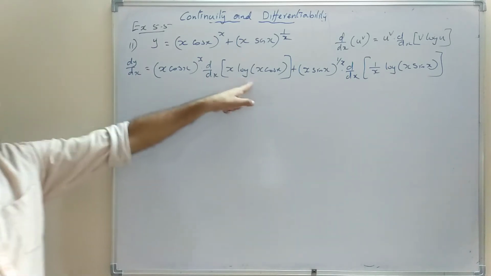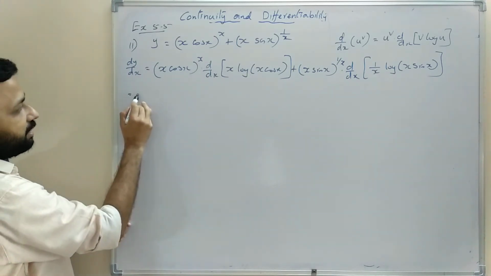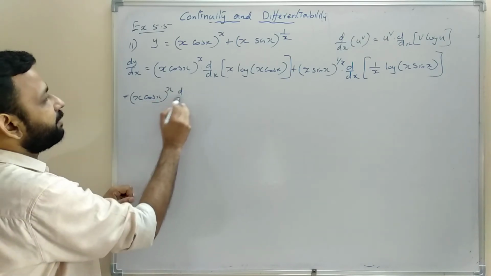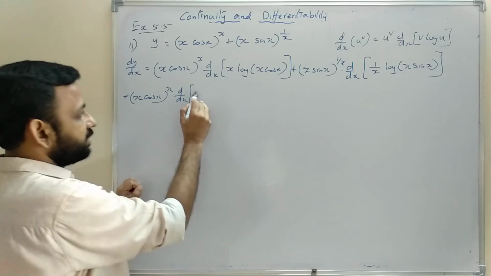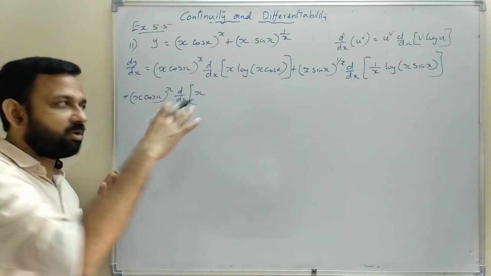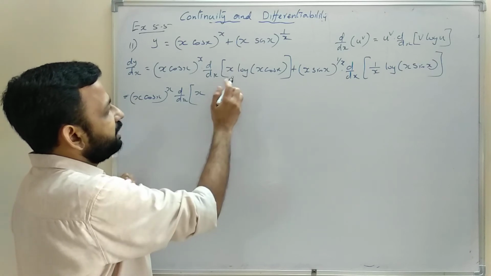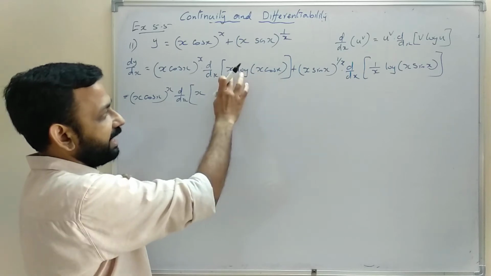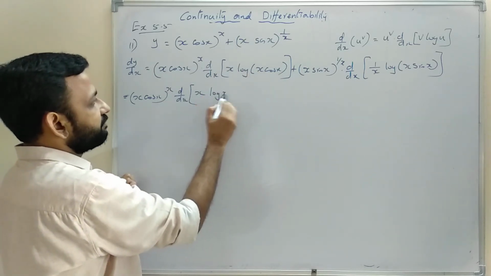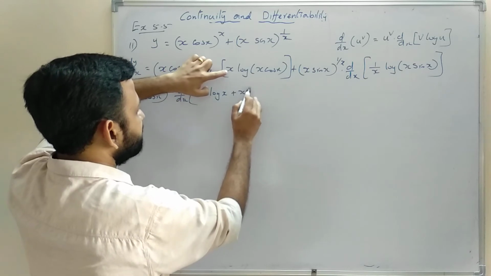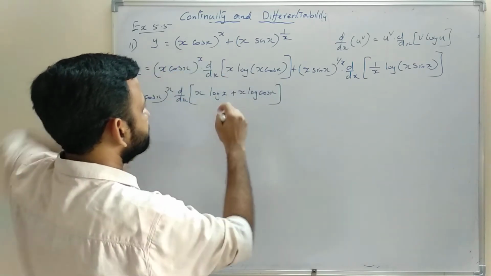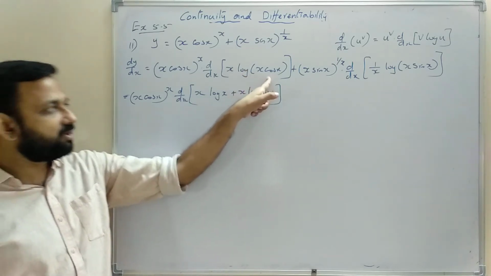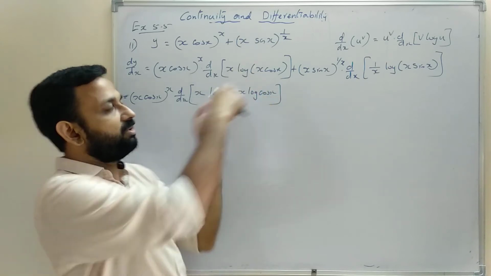Now we can find the derivative of this expression. So that is equal to (x cos x) raised to the power x, then d by dx of x log(x cos x). Log AB equals log A plus log B. So we can write log x plus log cos x, so x log x plus x log cos x.